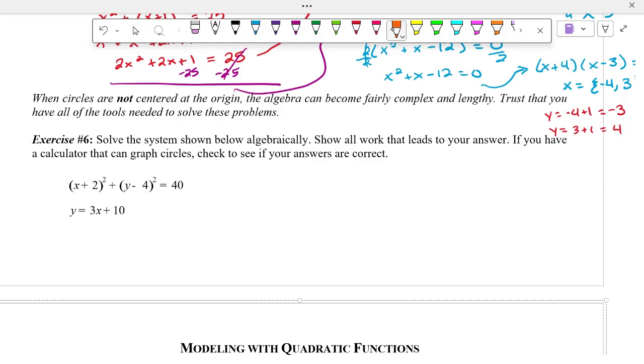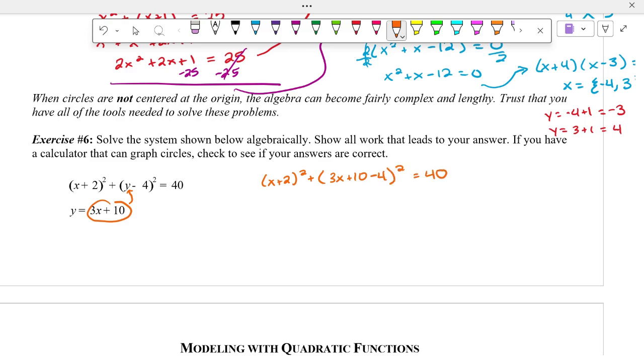So what do you think I'm going to do first? Plug 3x plus 10 in for this y right here. So this would be x plus 2 squared plus 3x plus 10 minus 4 all squared. It's equal to 40. Now, before I can do some simplifying in terms of those squares, what do I need to do first?